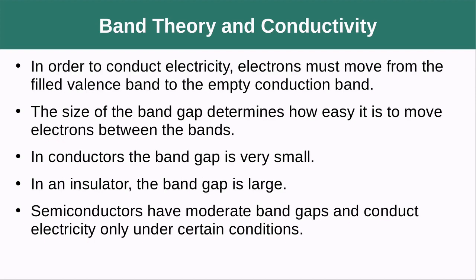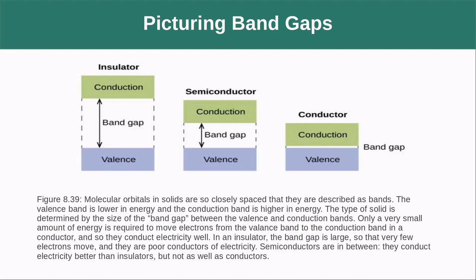Semiconductors have moderate band gaps and conduct electricity only under certain conditions. So we can see now that using molecular orbital theory, we have a theory behind conduction that allows us to determine whether something is going to be an insulator, semiconductor, or conductor, if we can get a sense of how large the band gap between this valence band and this conduction band is.